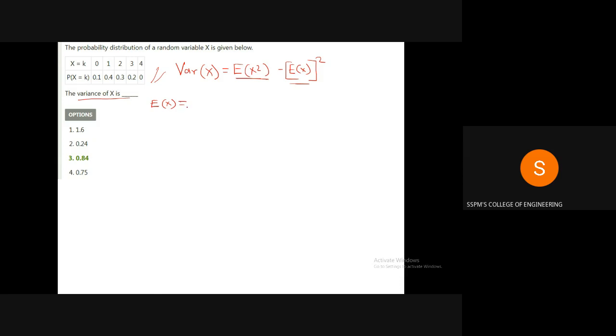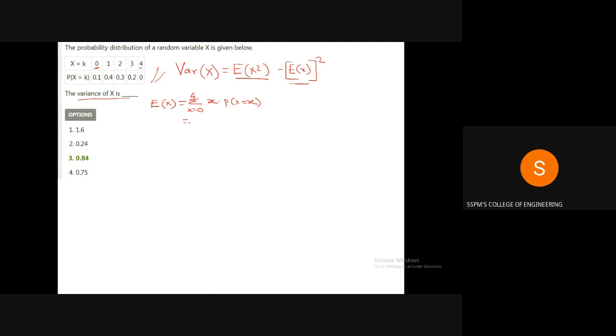So what is the formula for E of x? That is expectation of x. It is given by summation of x into p of x, isn't it? Where x runs from 0 to 4.